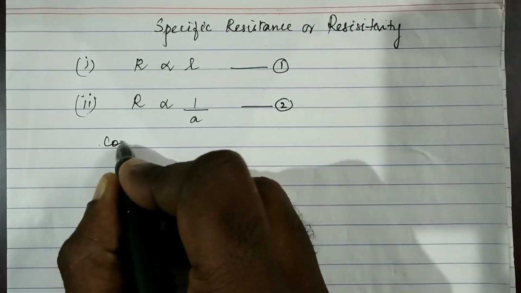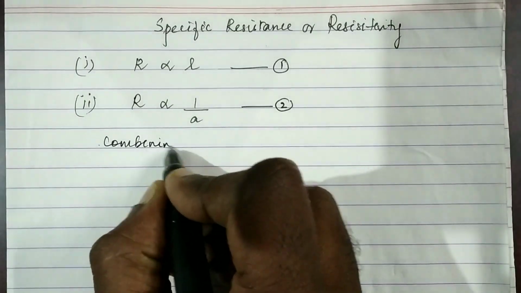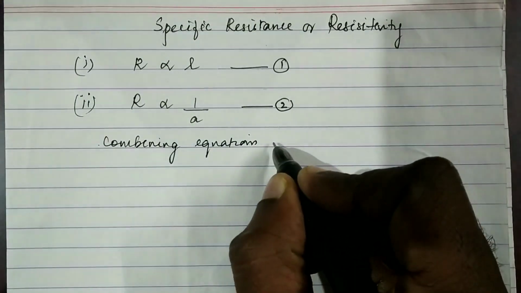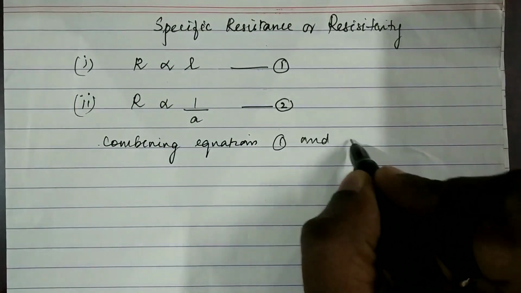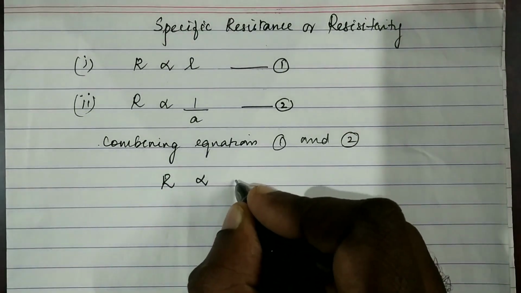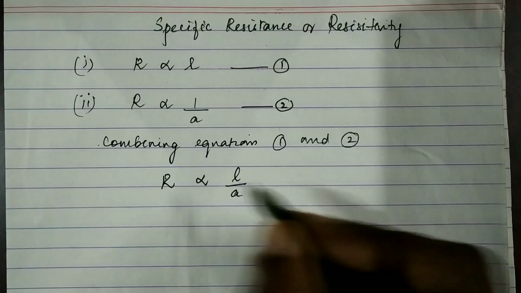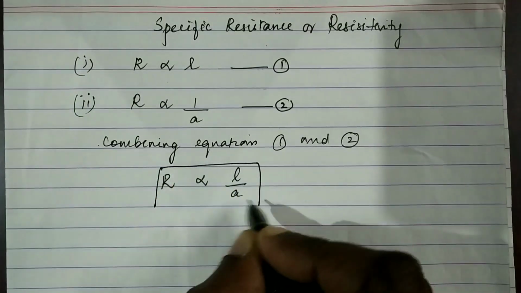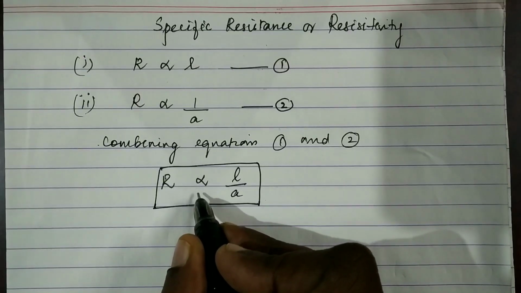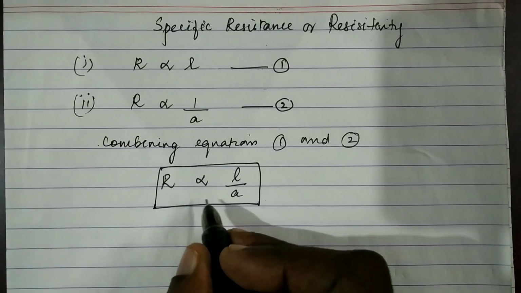So combining equation 1 and 2, we can write R is proportional to L by A. Yes? So, if you remove this proportionality, there will be a constant.